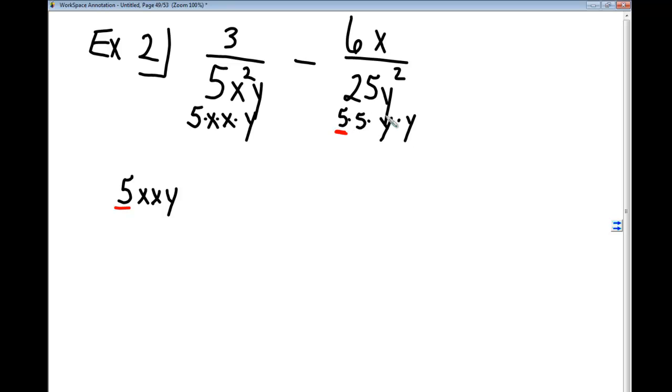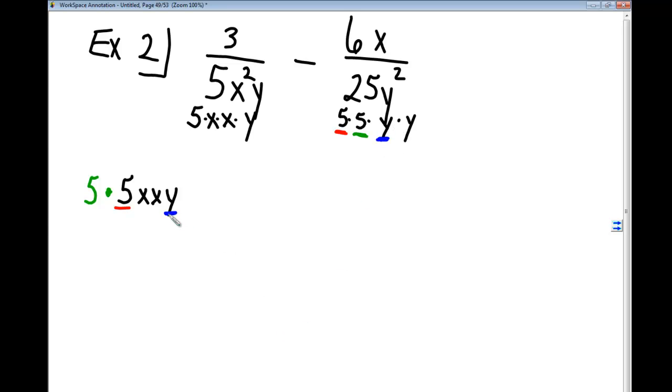Let's go to the next number or variable. And it is a 5 again. In this expression, I've already used this 5. There's not another 5 for me to use, so I need to multiply by 5. Go to the next term, y.